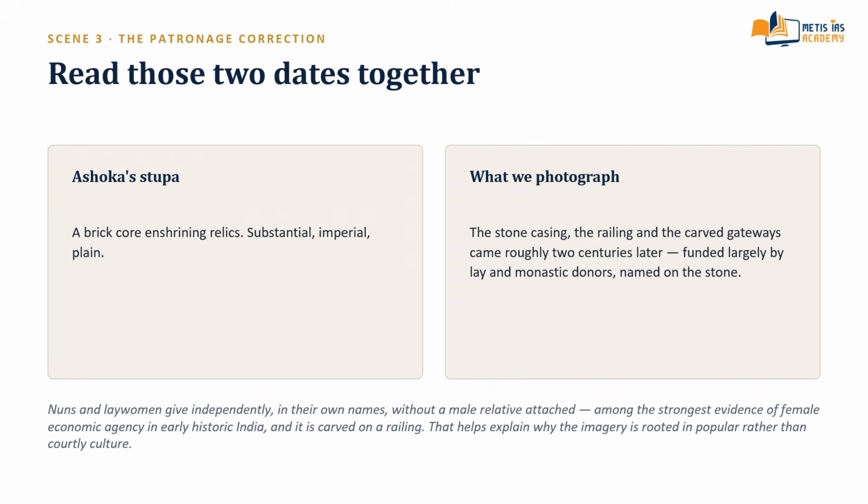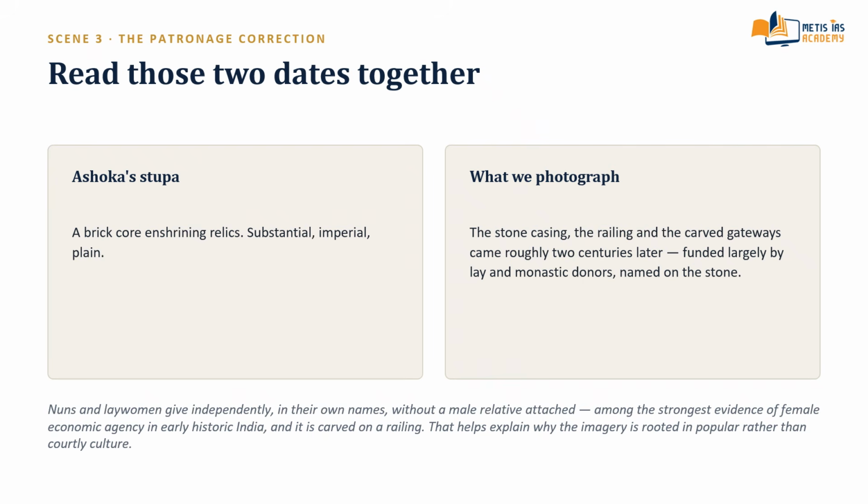Muchalinda, the serpent, shelters the Buddha with his hood. That is a strategy, and you should name it as one. Buddhism did not compete with popular religion for the same wall. It enclosed it. The local deity was retained, given a place, and assigned a lower rank. The third one is the folk symbol carrying doctrine.